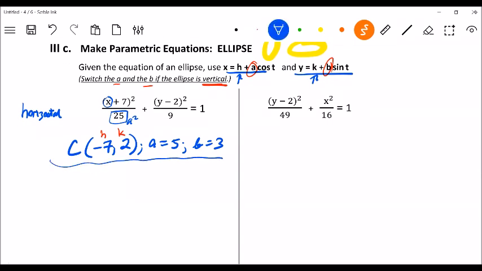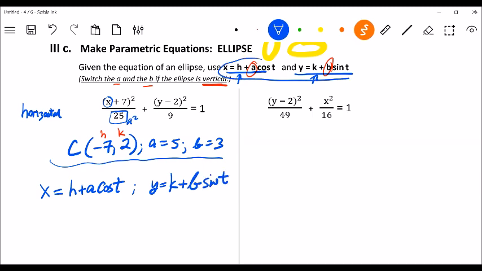So I'm going to write that x equals h plus a cosine t, and then y equals k plus b sine t. I am just simply using those given formulas. But I know what h is, I know what k is, I know what a is, and I know what b is, so I can plug those in.